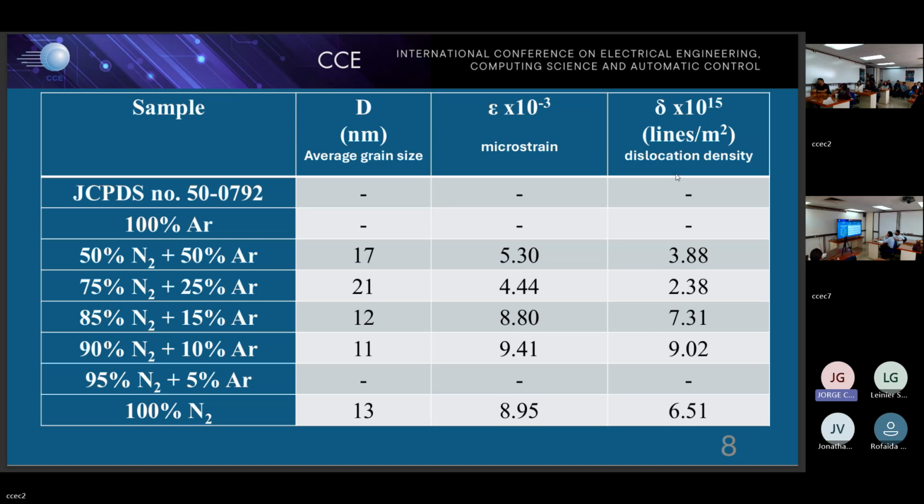The microstrain was 4.44 times 10 to the minus 3, and the dislocation density was the lowest, 2.38. So in this case, the advantage of growing these layers at 75% nitrogen is clear. And the next please.